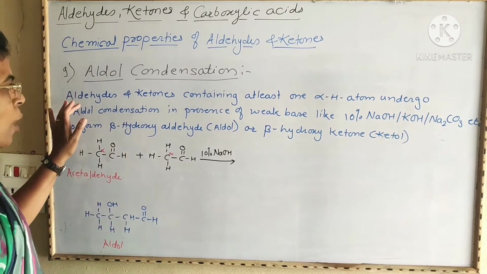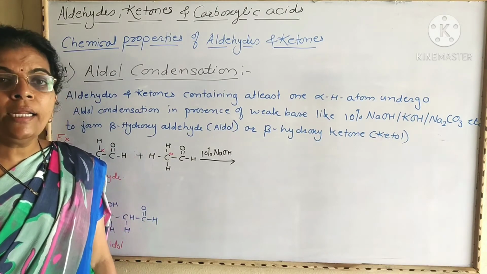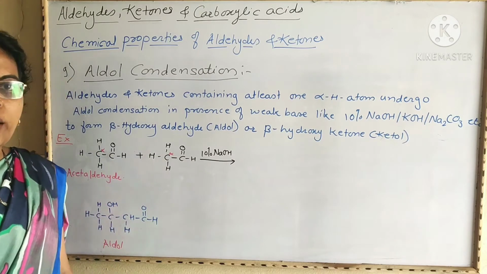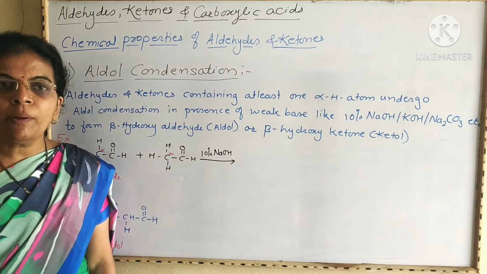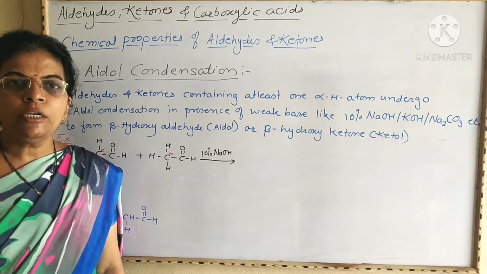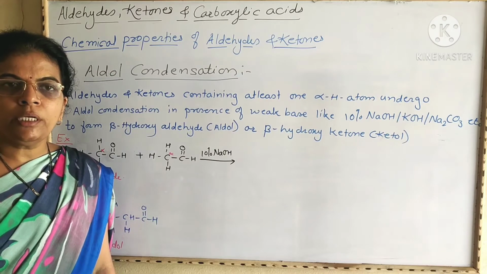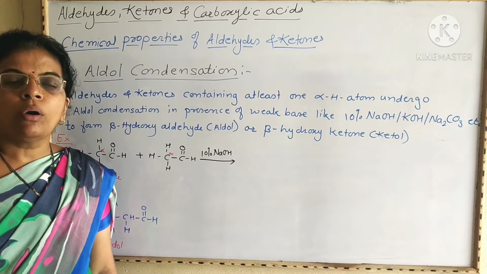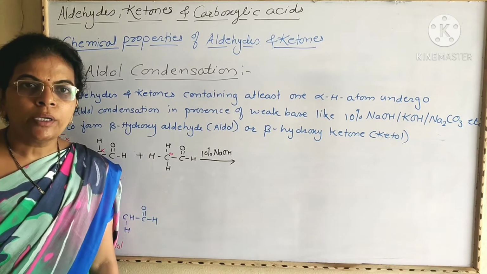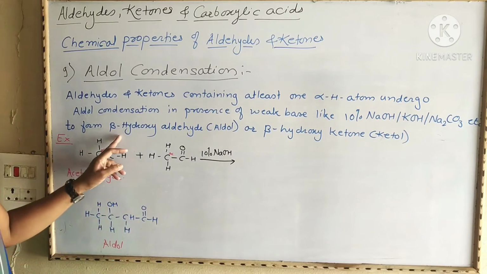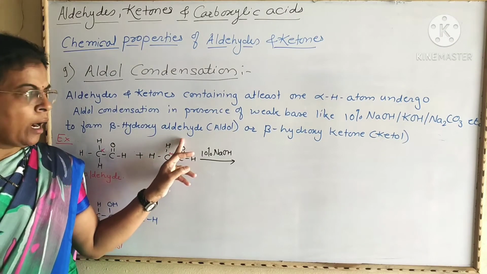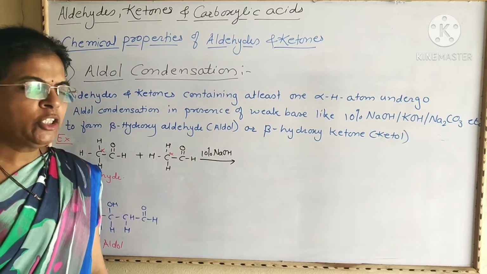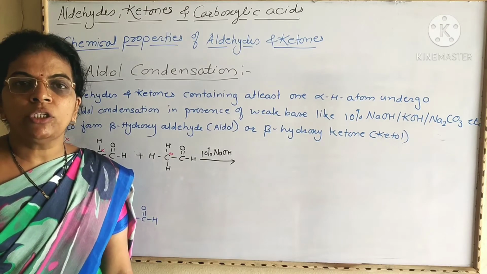When aldehydes or ketones containing at least one alpha hydrogen atom undergo aldol condensation reaction in presence of weak base like 10% sodium hydroxide or 10% potassium hydroxide, or in presence of sodium carbonate or sodium bicarbonate, they give beta hydroxy aldehyde, that is aldol, or beta hydroxy ketone, that is ketol. This reaction is named as aldol condensation reaction.